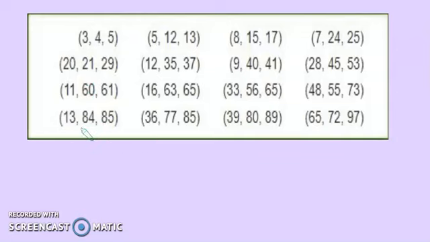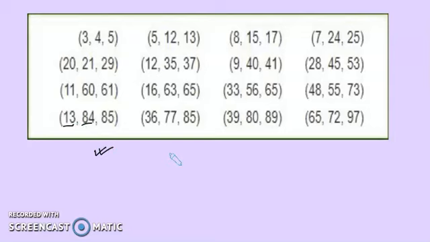Just try, these are given for you to check. If squaring one side plus squaring the other side gives you the square of the third side, then these are Pythagorean triples, which means all the triangles formed with these side measurements will always give you a right angle triangle.